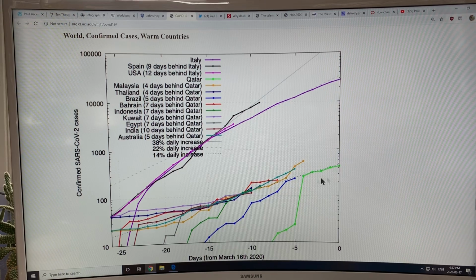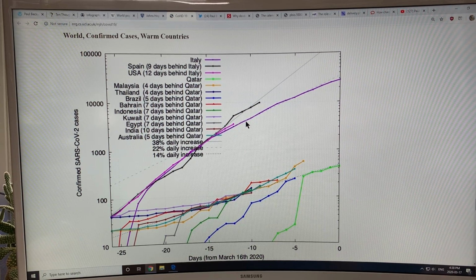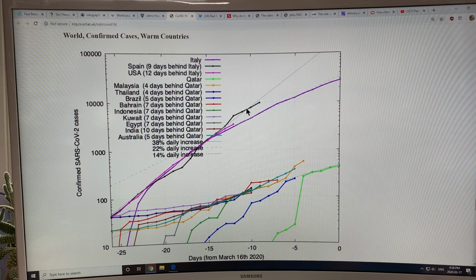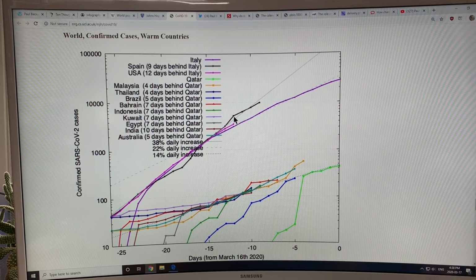Warm countries seem to be following a smaller slope, a 14% daily increase, as opposed to Italy over here, which is a 22% daily increase, and we've got Spain up here, showing a 38% daily increase. So the only way to bring these down is by social isolation. Basically shutting down, isolating people in houses just to stop the spread, to bring these things down.